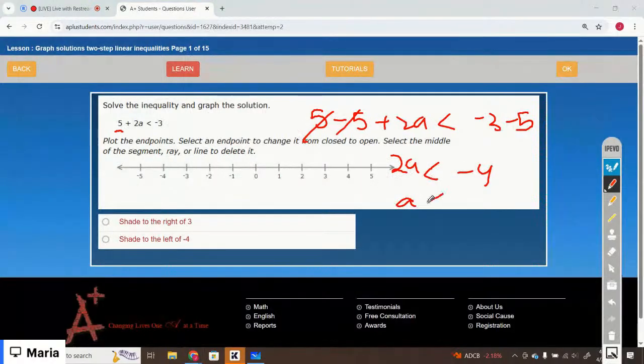Divide both sides by 2, so a is less than negative 4. That means you need to shade to the left of negative 4 because a is less than negative 4. Option number 2 is the correct option.